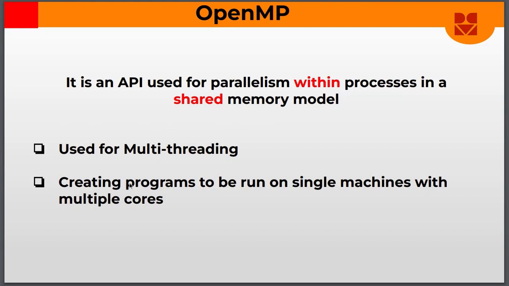Now, this is also used for creating programs to be run on single machines with multiple cores, right? Single machines with multiple cores. So it means that you want to leverage multi-threading.